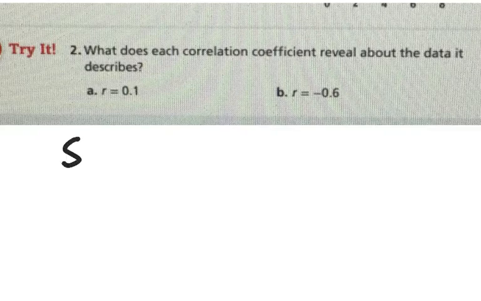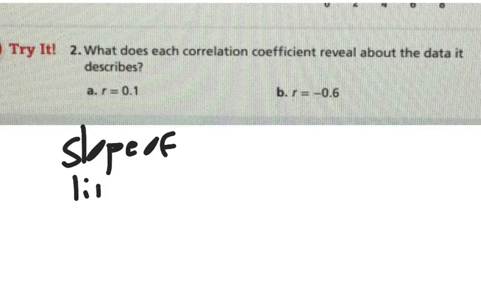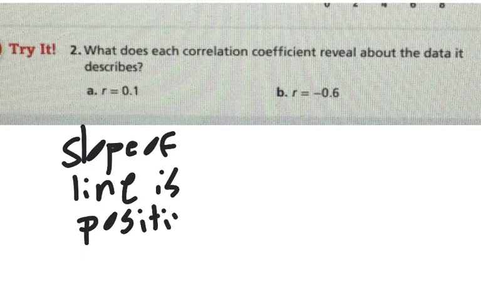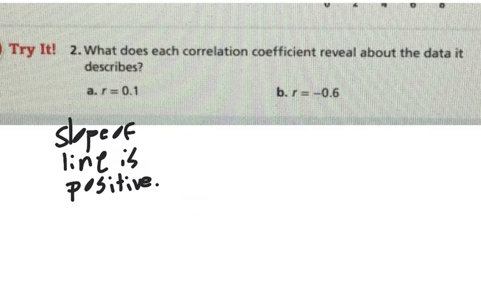Okay, so the slope of the line is positive. And then what else does it tell me? Is the data going to be close to a line, or is it going to be very spread out?